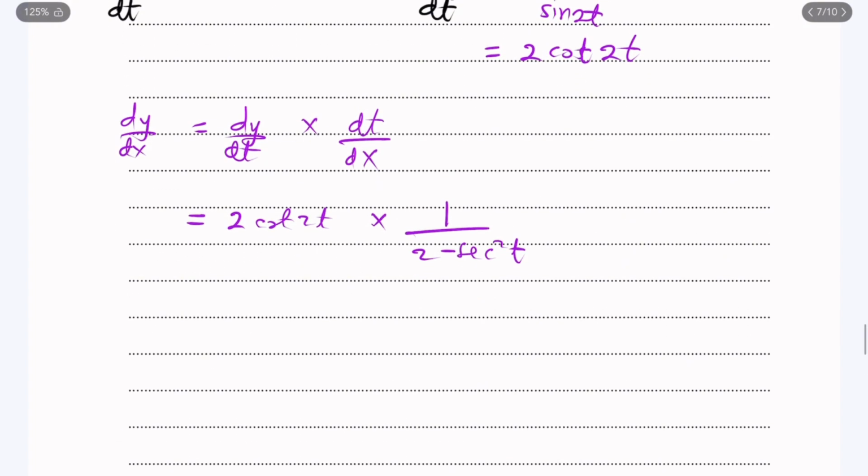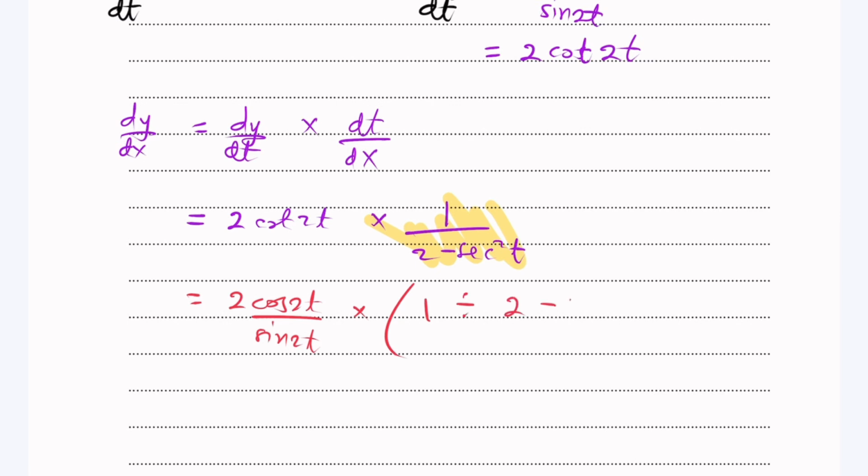Okay, so I think that we should probably simplify this side. All right, we have to, because if not, I don't see any way out for us. Even this cot, I think I should just write it as cos 2t over sine 2t, because these are double angles, and maybe something will pop up. So times, this is 1 divided by 2 minus sec square t.